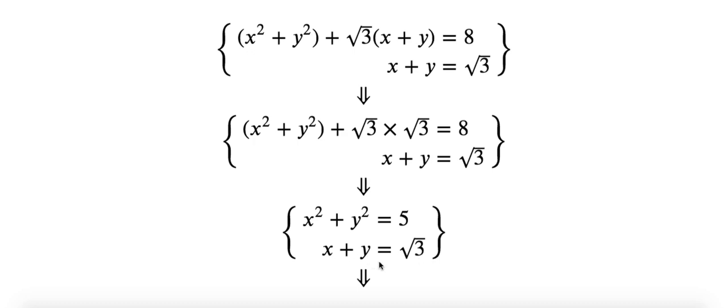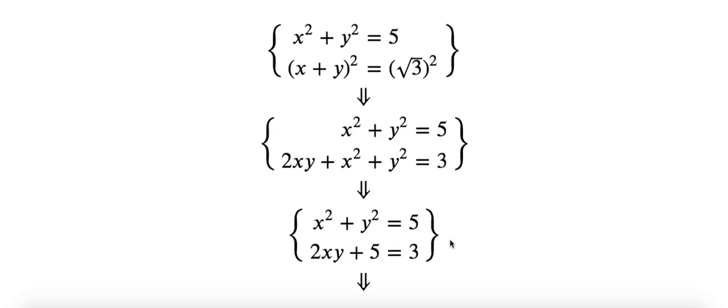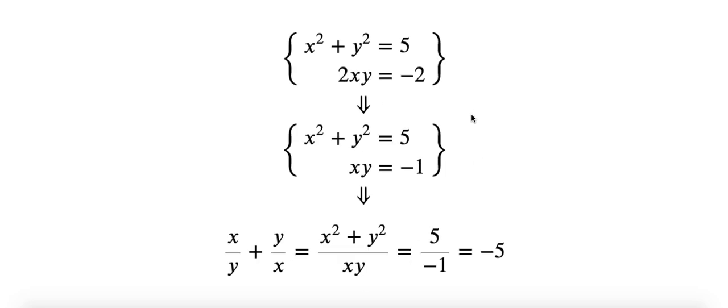we can take the square of both sides, expand it, substitute the sum of squares of x and y into it, rearrange it, and reduce the coefficient to 1.